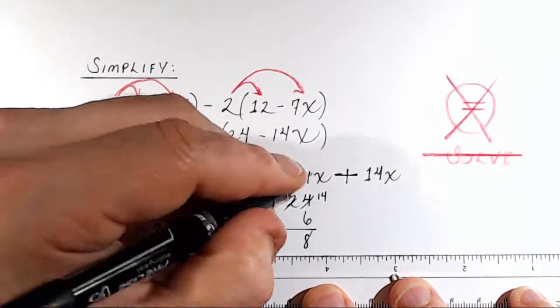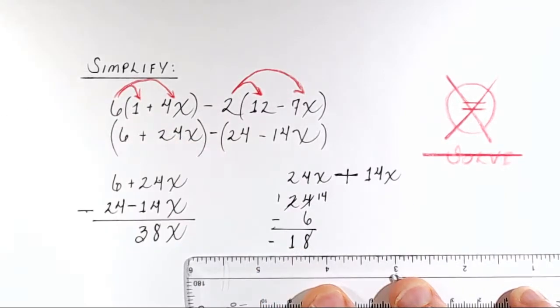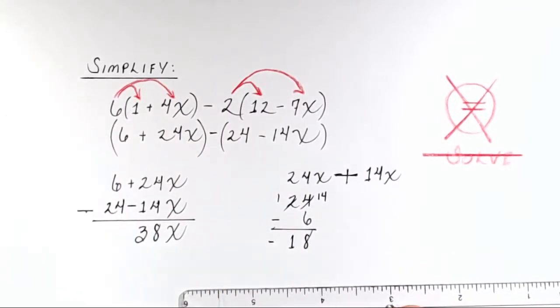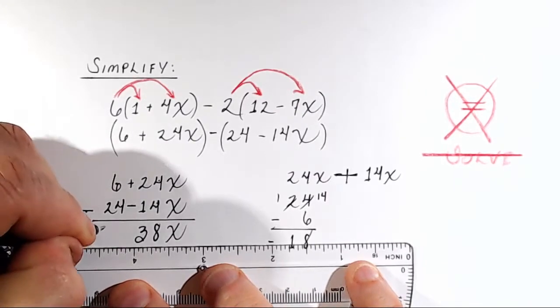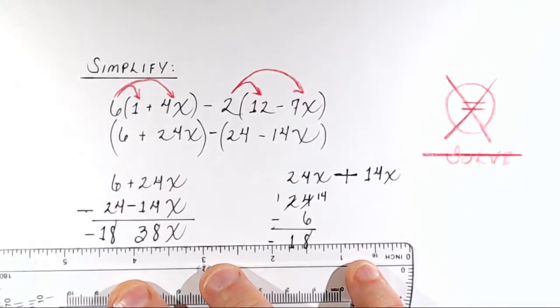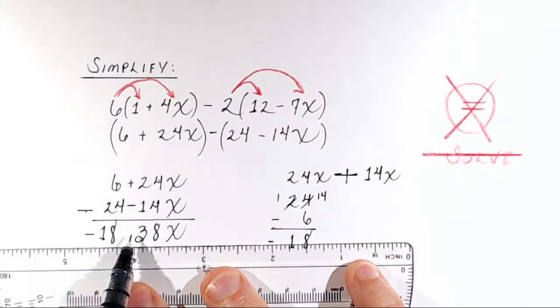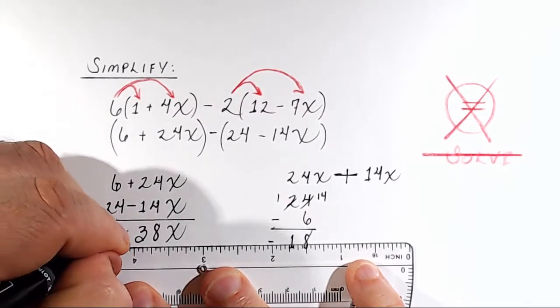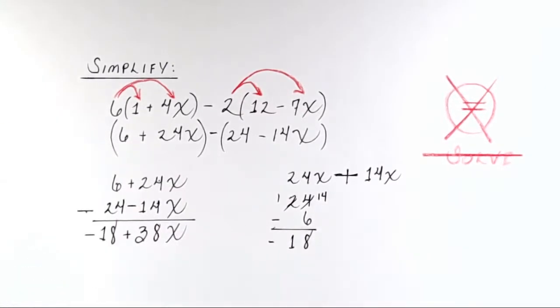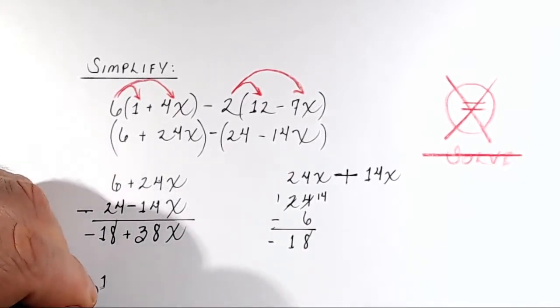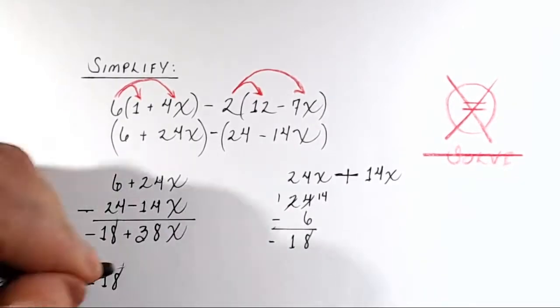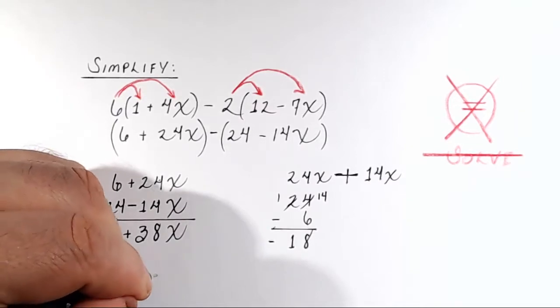And 1 minus 0 is 1. So negative 18, we go over here and we write negative 18. And now we put a plus sign here because 38x is positive. So the simplified form is negative 18 plus 38x.